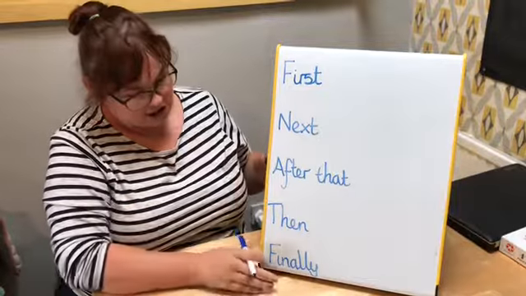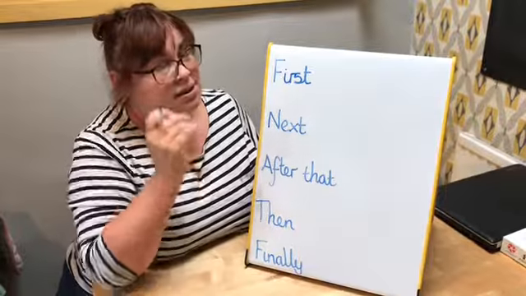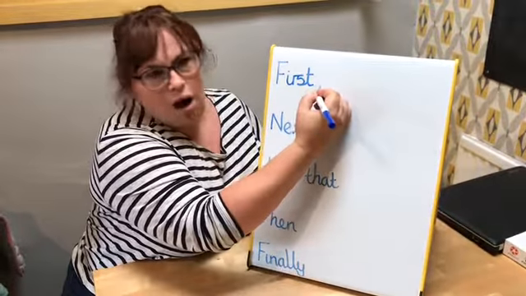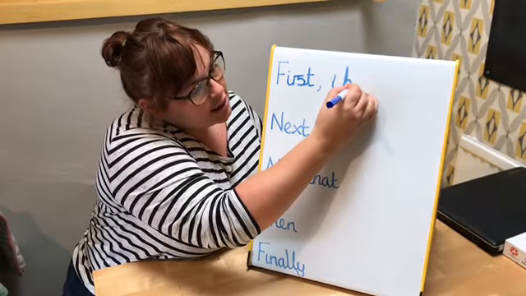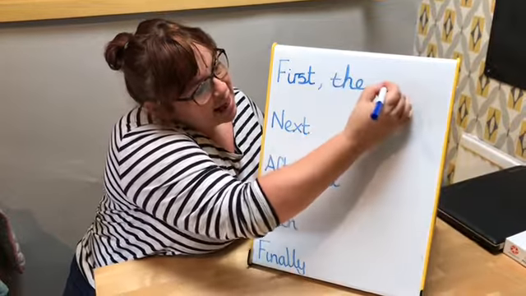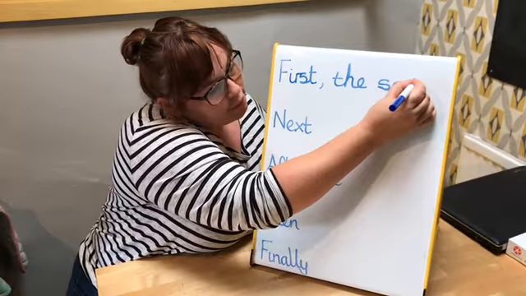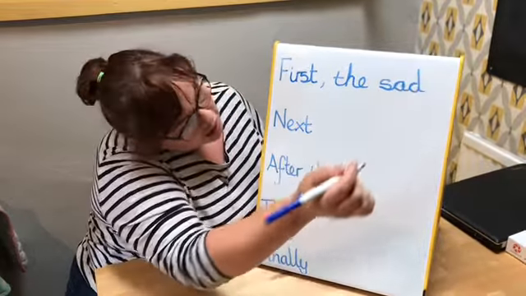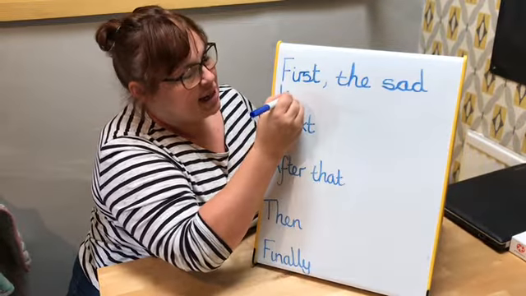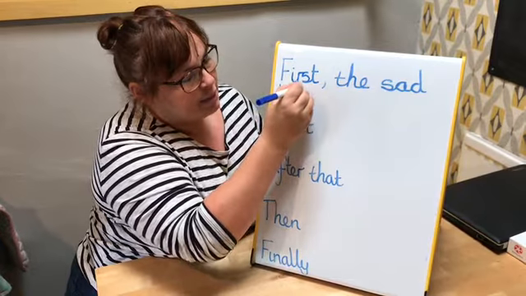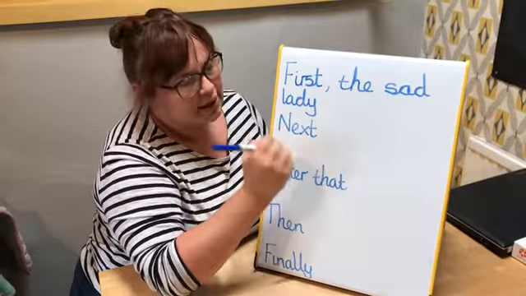I've already got first there, and brilliantly, it's got a capital letter, so it's at the beginning of my sentence. That's fine. First, the sad. I don't think I can fit lady there, so I'm going to go to my next line. Lady, making that E on the end, it is the Y, often does at the end of a word.